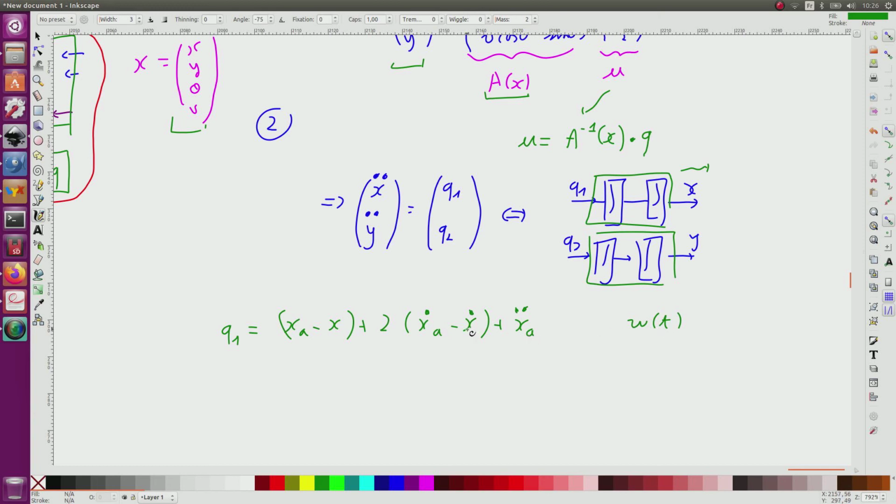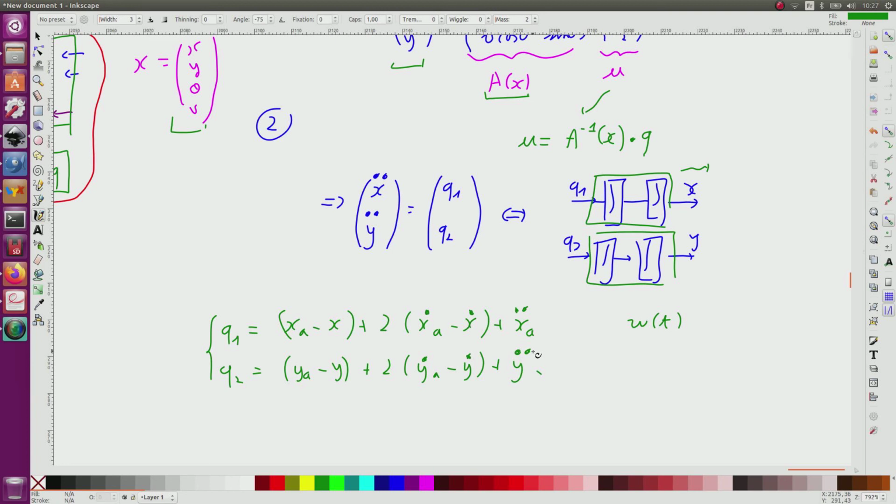It is what I want for x. So it is a proportional and derivative controller. And I will do also the same for q2. q2 will be ya minus y plus 2 times y dot a minus y dot plus y double dot a.